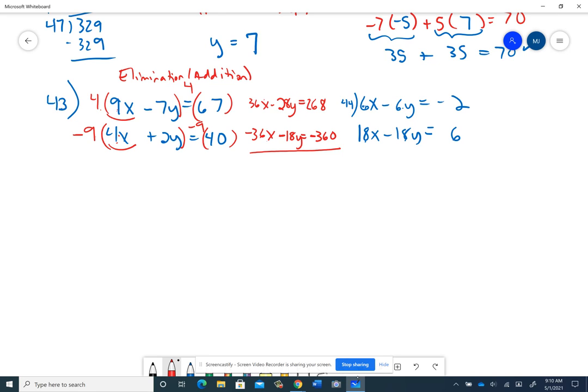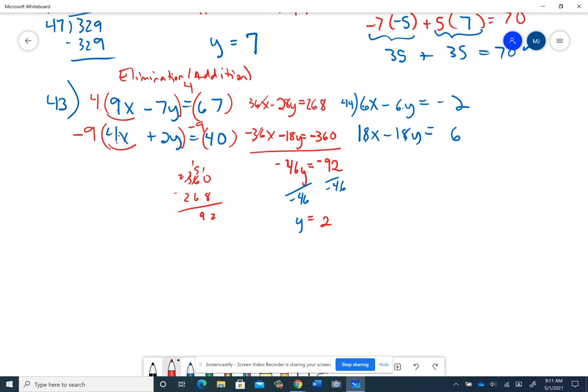You add up the two and these cancel out and you wind up with -46Y equals a negative, and let's see, I gotta take 268 away from 360, just do it on your calculator. So I wind up with a -92. So then I would divide by -46, and that would give me that Y would equal 2.